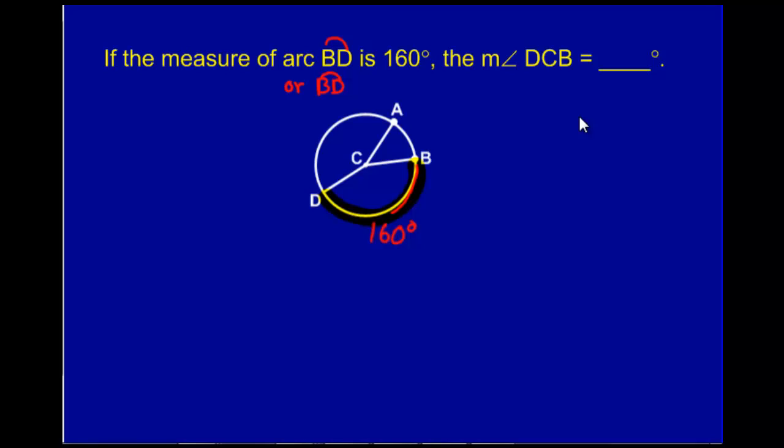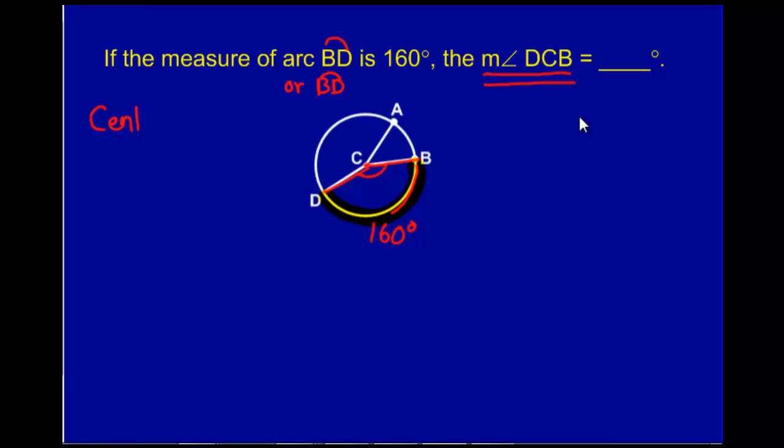The question is, what is the measure of angle DCB? Well, let's find where that angle is. Start at letter D here. C is the vertex. B is out here. That's the angle. If I follow that angle out to where it hits the circle, I notice this is a central angle. So here's our concept.